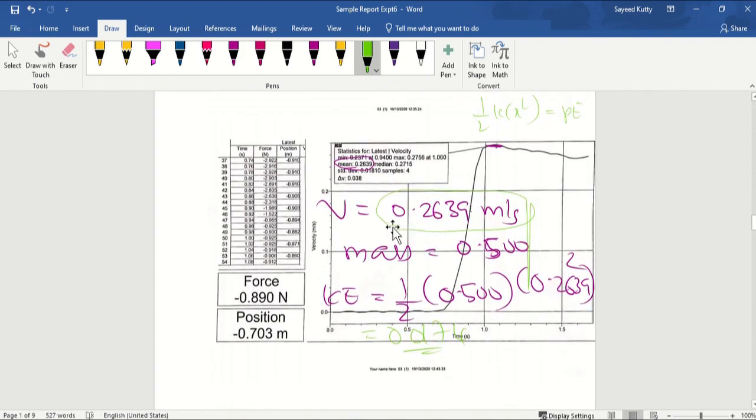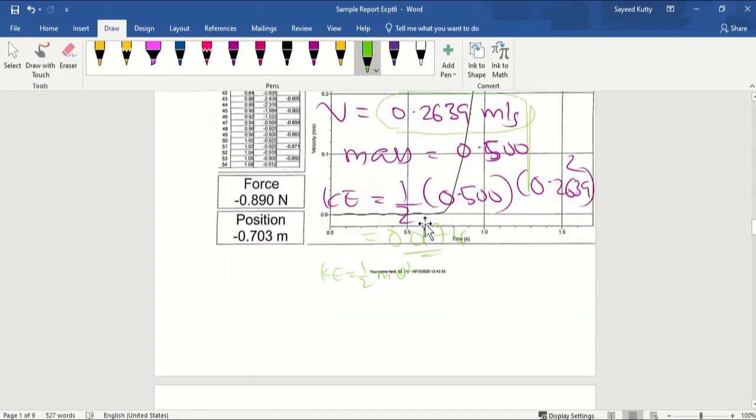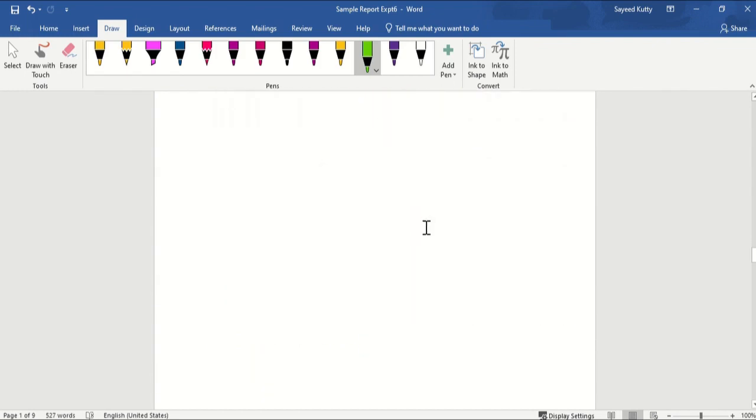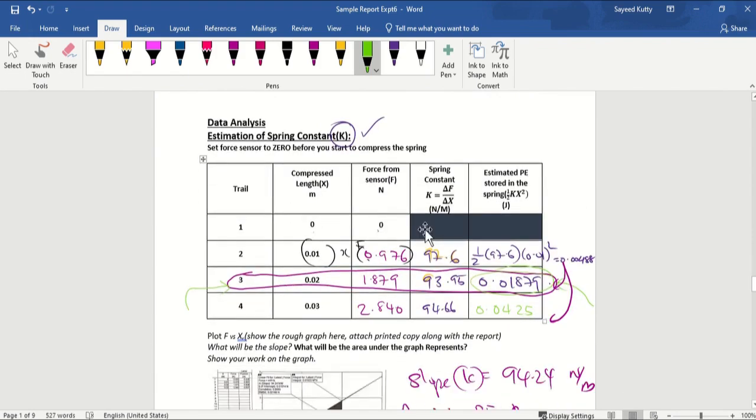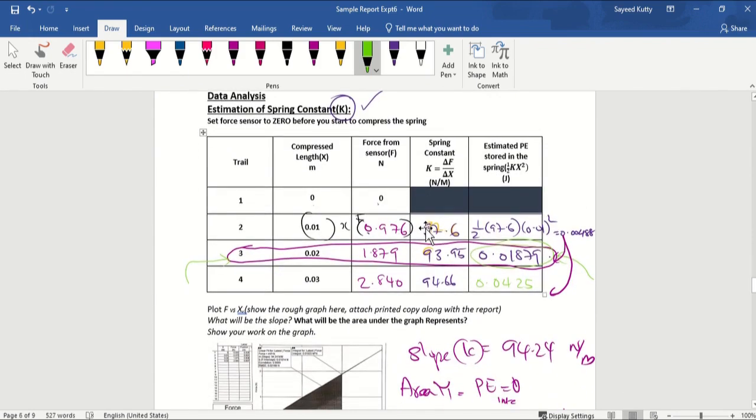And this is the velocity time graph. Here we get the maximum velocity, that is this. Then we calculate the kinetic energy, and everybody knows the equation for kinetic energy is half mv square. So we calculated that. Now, I have 4 trials.